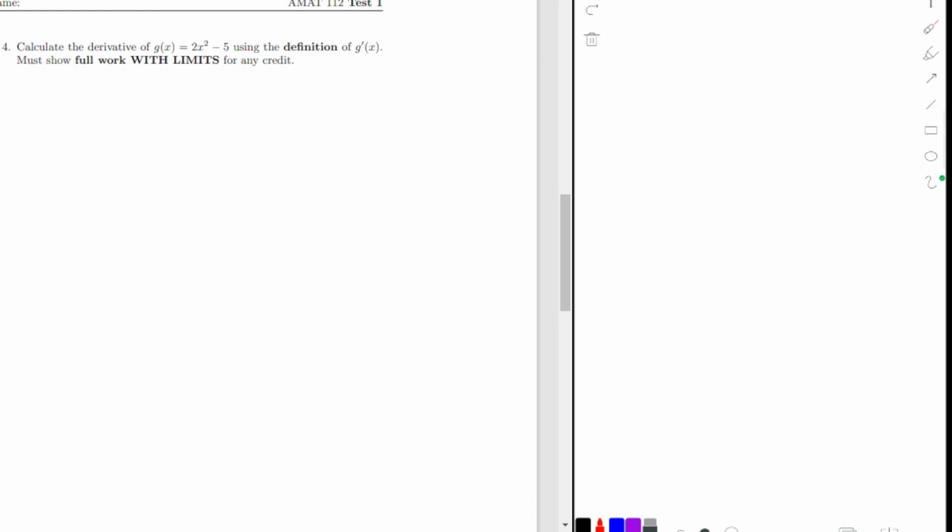So in general, limit as h goes to 0 of g of x plus h minus g of x all over h. Okay? And here, I'll be perfectly honest, I can't actually read what that says.